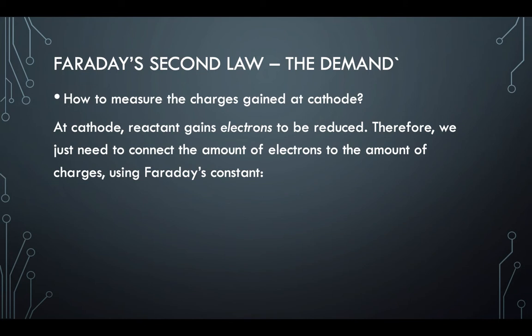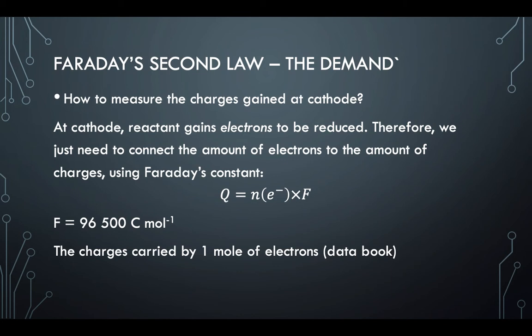The quantity that links these two is Faraday's constant. It's given as 96,500 coulomb per mole. That means 1 mole of electrons will produce this much coulomb of electrical charge. That number is in your data book.